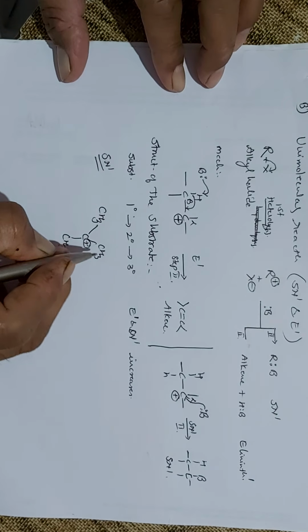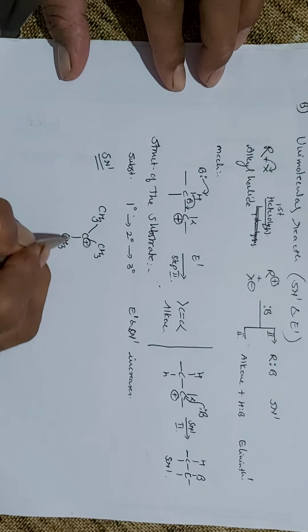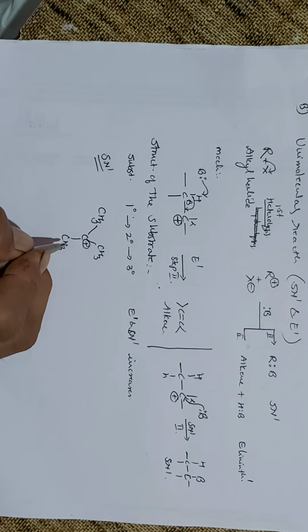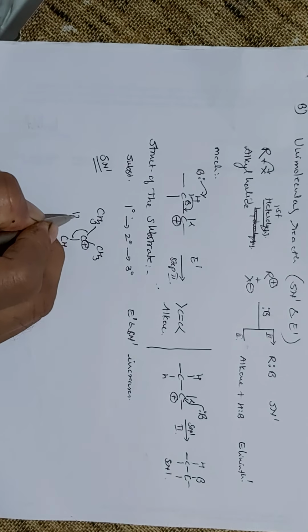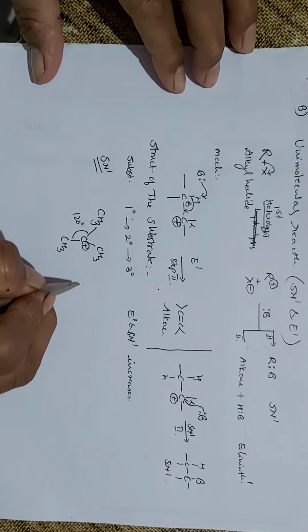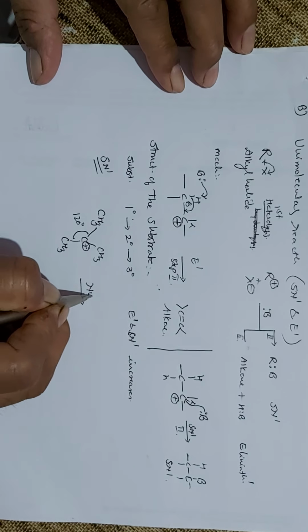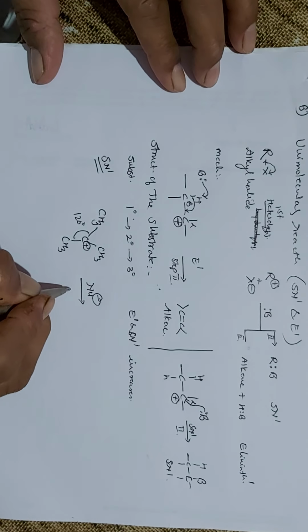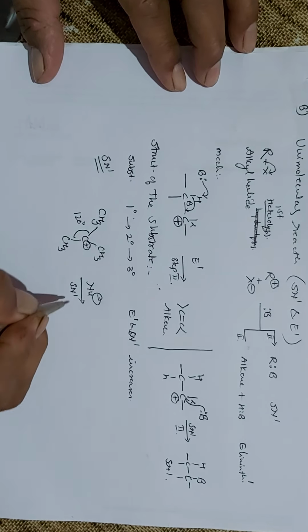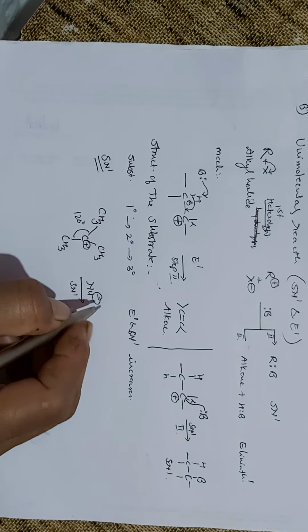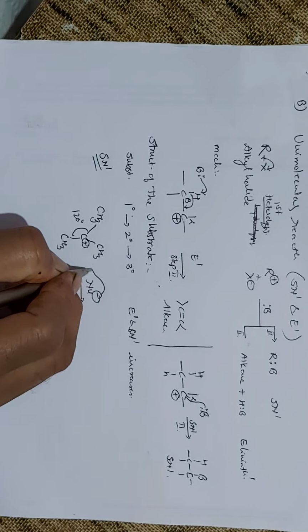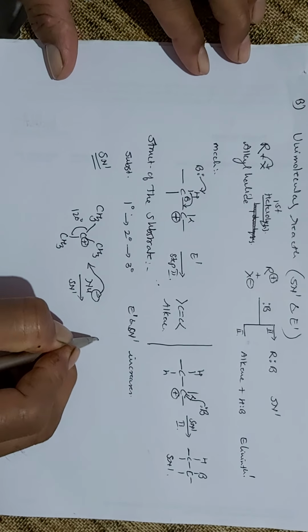As it is stable, because here the planar geometry is there, the bond angle here is 120 degrees. And then when the negatively charged species behaves as a nucleophile and gives you the SN1 reaction, that is substitution, the attack of the nucleophile takes place on this and gives you the product.